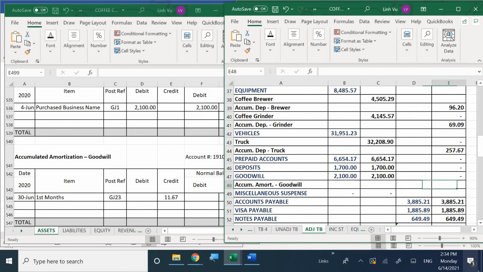How much was my accumulated amortization for my goodwill? 11.67. 1167. So therefore, my goodwill should be a total of $2,088.33. Good.